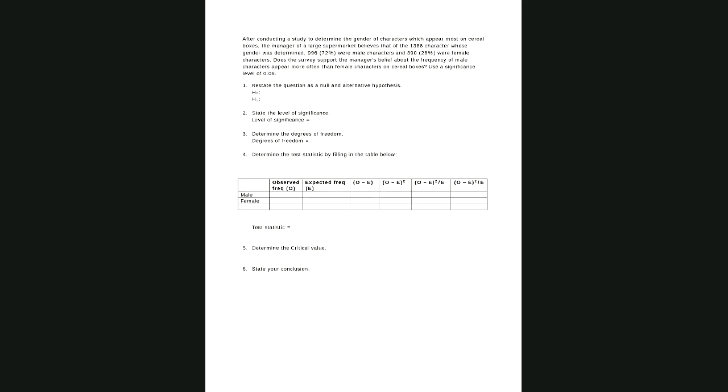So this is the ice task. If you want to use your microphone, you're welcome to do that too.